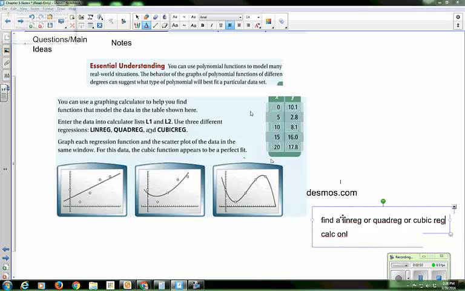That's what I search when I pull up a search. I just search linreg online calculator, quadreg online calculator.